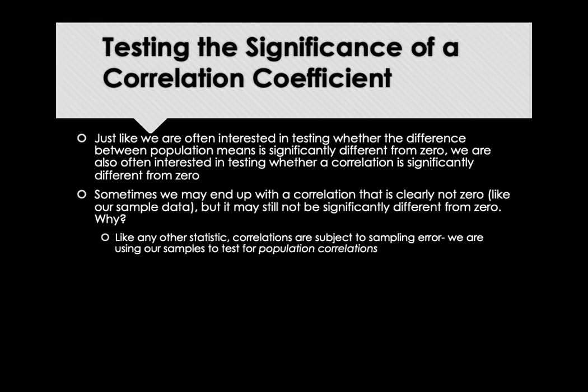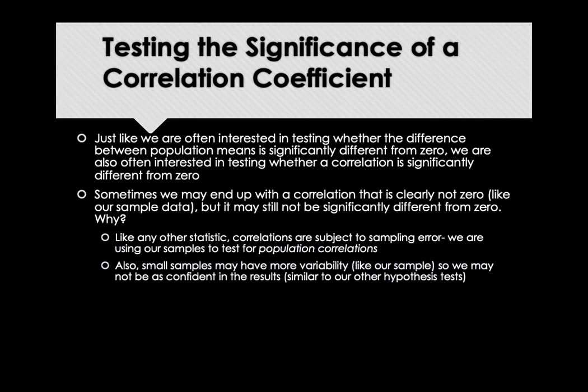We're still using samples to try to make inferences about a population, and so correlations are still subject to sampling error. Small samples may have more variability, so we may not be as confident in the results. Just like the other hypothesis tests that we have done, the larger the sample size, the better.